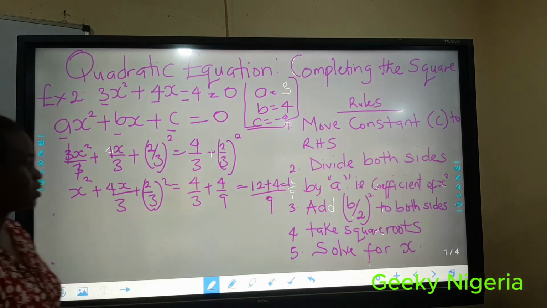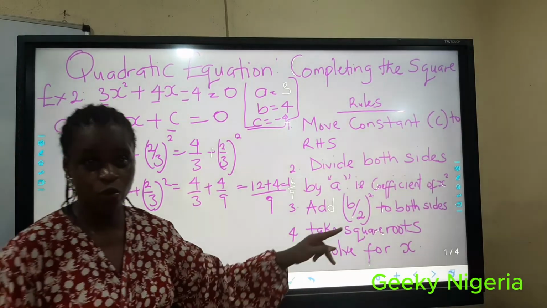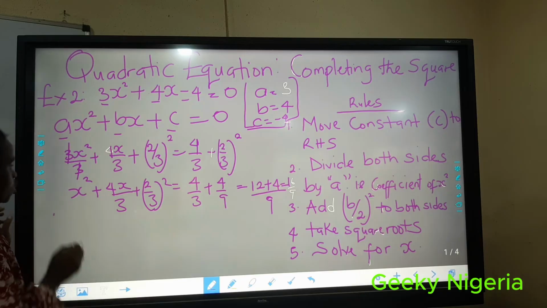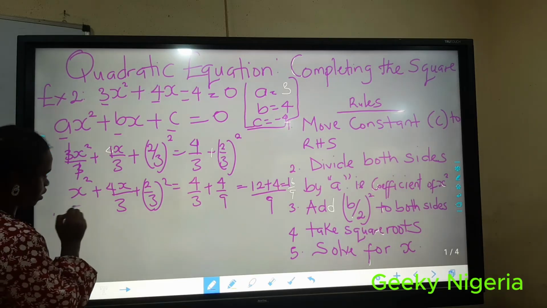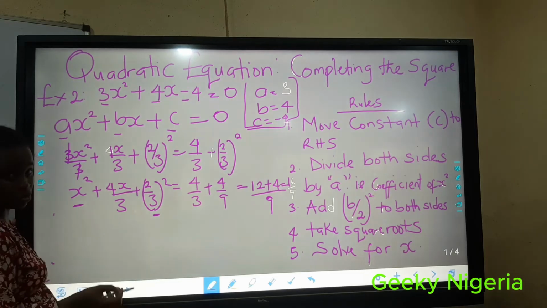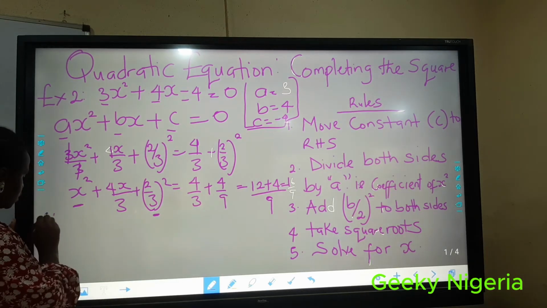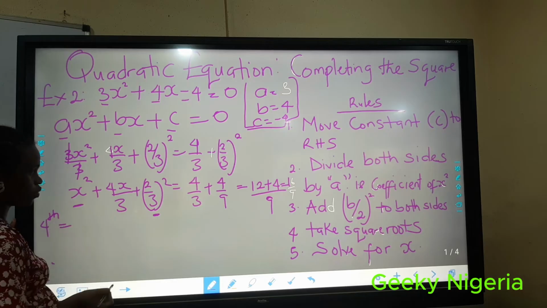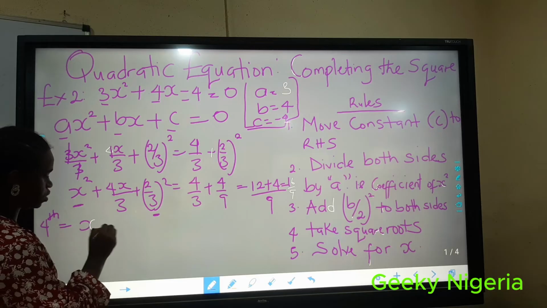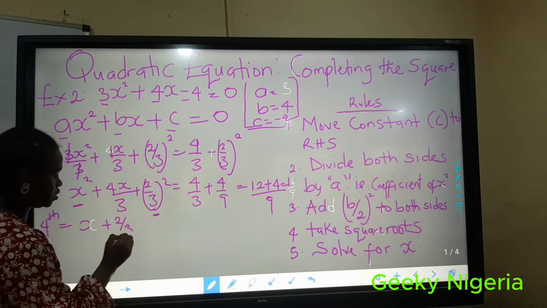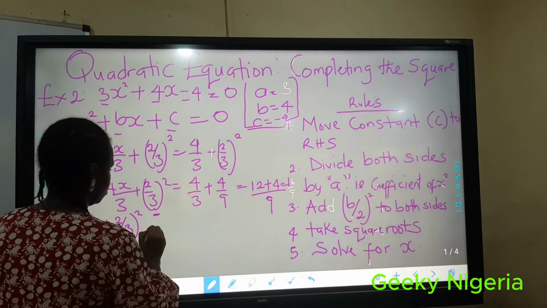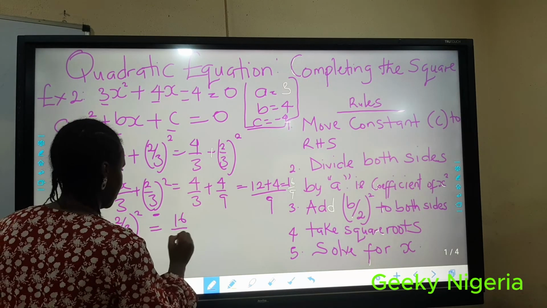So now the fourth step says take square roots. To do this, you take x, what is here, and add to what is here. And that's what gives you the roots. So for the fourth step, taking square roots, you'll be having x plus 2 all over 3 all squared is equal to 16 all over 9.